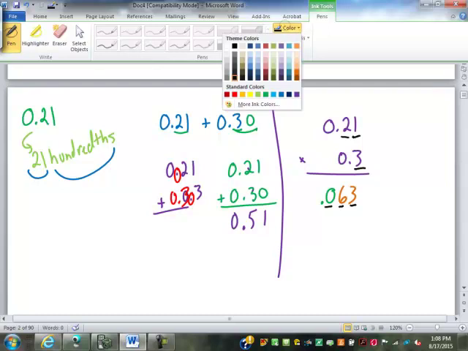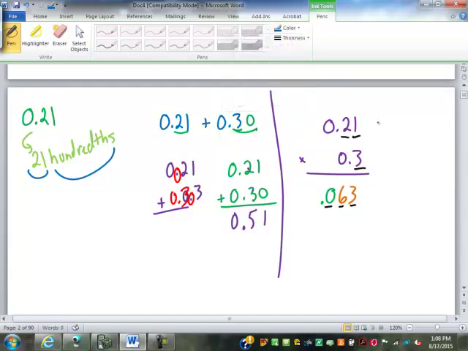Why is that true, though? Again, it's not just because they told us so. It's because this is 21 hundredths, and this is 3 thousandths. And when we multiply, we combine counts. 21 times 3 is 63. But we also combine the names. Hundredths times thousands.